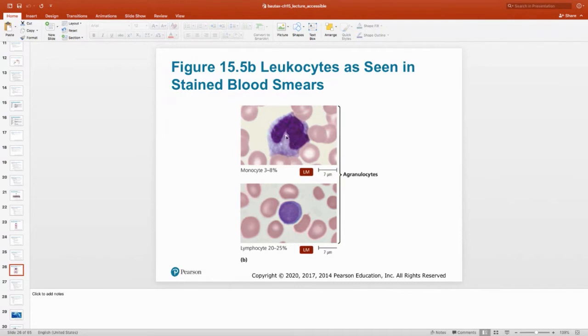So the monocytes are going to squeeze out of the blood, and they're going to be in different places of the body, phagocytizing invaders. The lymphocytes are involved in adaptive immunity and natural killer cells, and we're going to talk about those later in chapter 16.